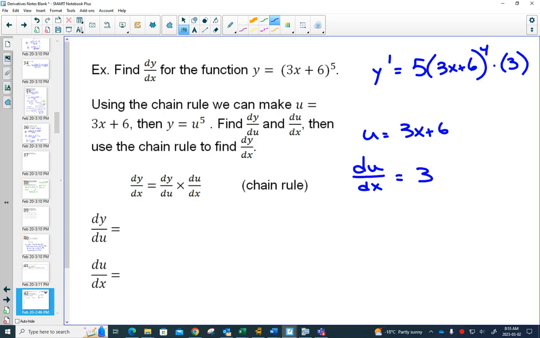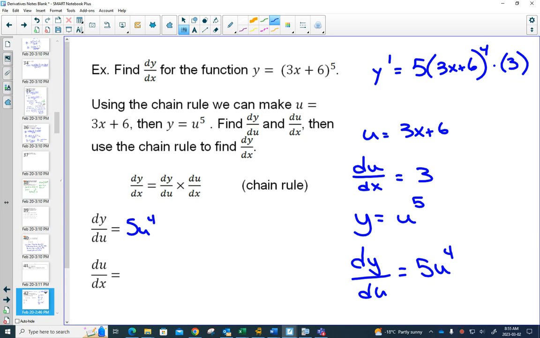If I make u the inside function, I can also rewrite the original function as u to the 5, and then dy/du, right, because we now have a different variable. Well, this is just a simple formula. So we can now say, I know dy/du, 5u to the 4. I know du/dx, that's 3.